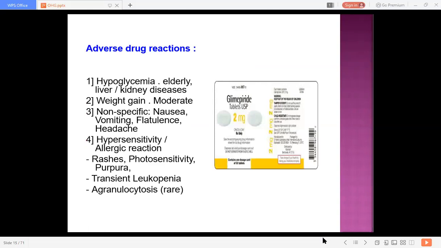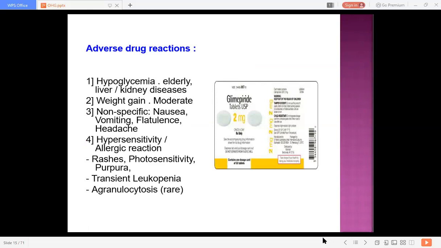Adverse reactions: hypoglycemia, especially in elderly patients, and this is the most common side effect of sulfonylureas. There is weight gain, and nausea, vomiting, headache, and flatulence may be present. Hypersensitivity reactions: allergic reaction, rashes, photosensitivity, purpura.